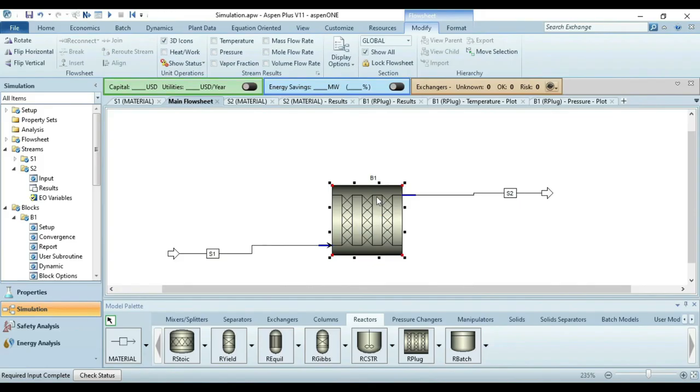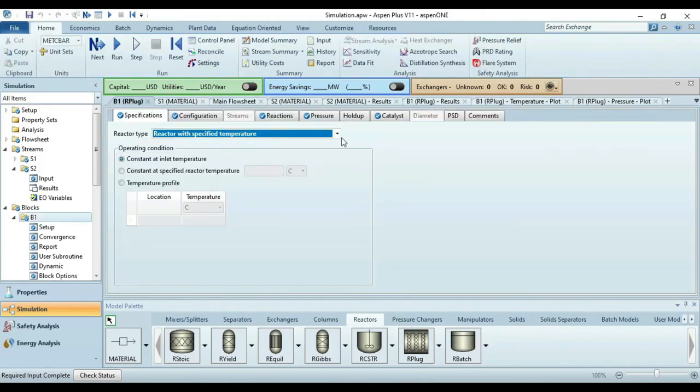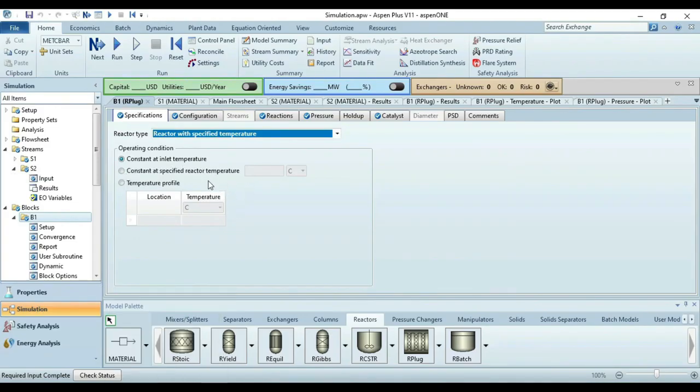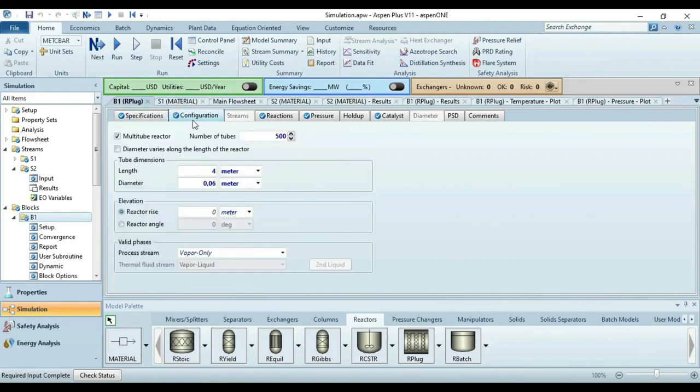Next, let's configure the reactor and click here. Here we can specify it as a reactor with specified temperature, or we can change to different operations, considering adiabatic, for example. We can also select other conditions, the constant temperature at the inlet, or we can specify another temperature for our reactor. We can change this if we want, but it depends on our process, whether it's necessary or not.